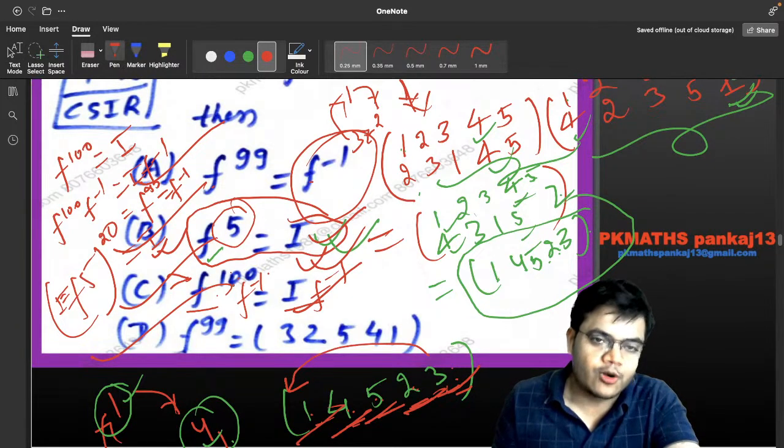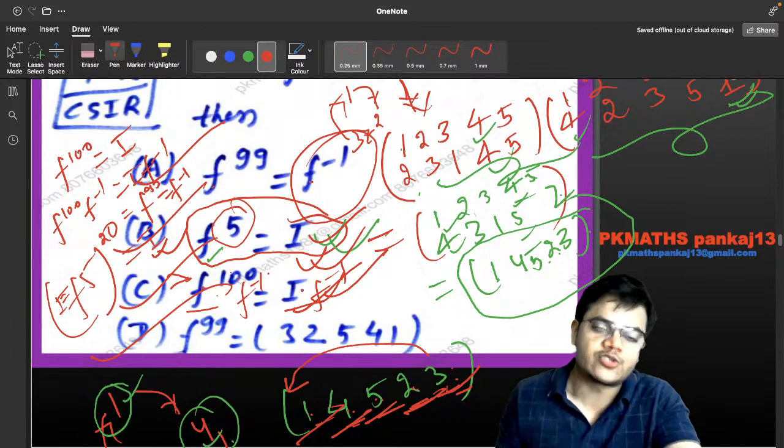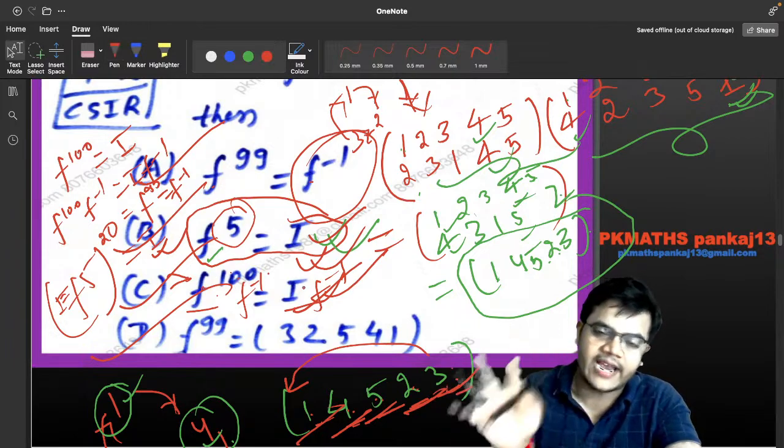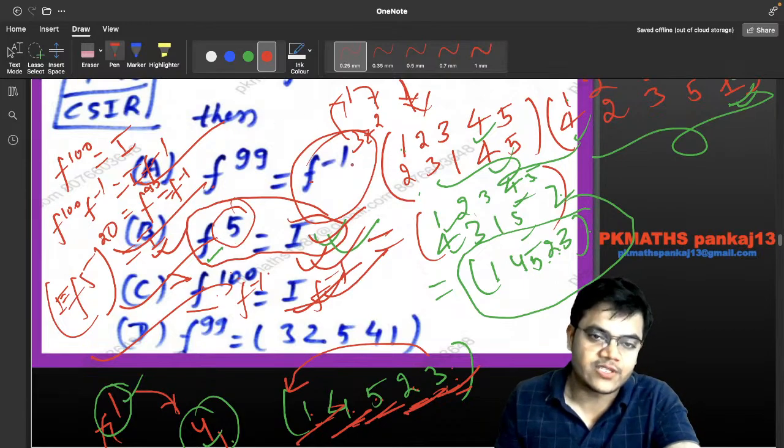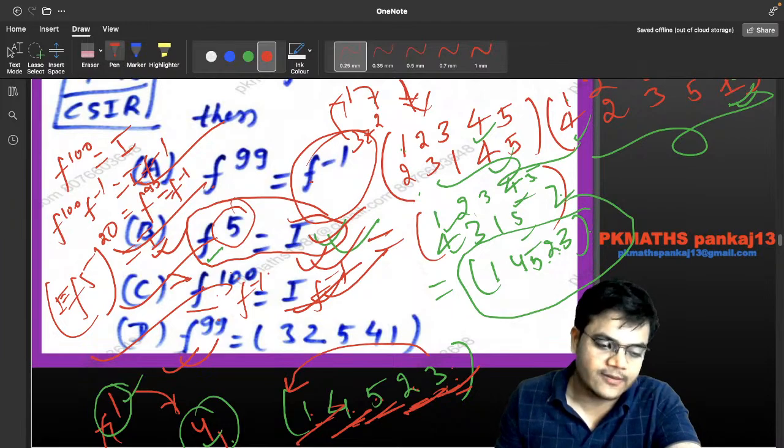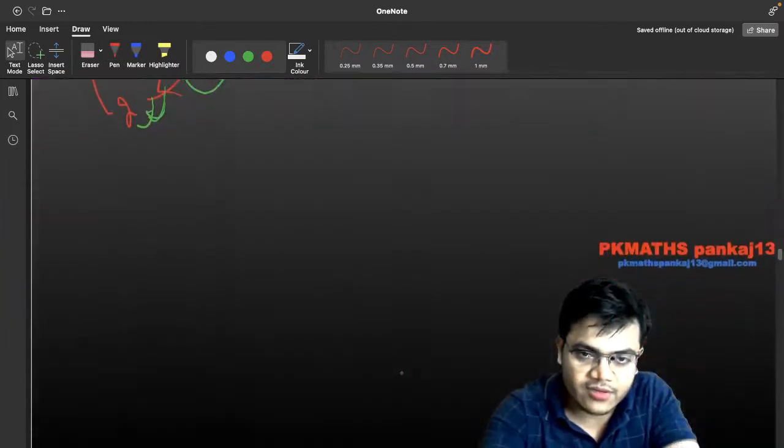So every multiple of 5 power of f will be identity as well. If you have f100 is equal to I, then you will multiply both sides with f inverse. Then certainly you will get f99 is equal to f inverse. So we will just write the inverse of the permutation, and finally we will get our answer.